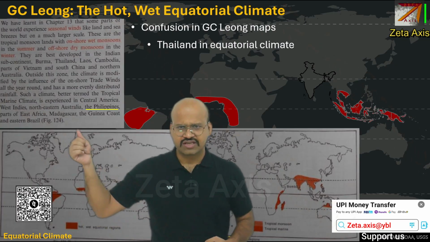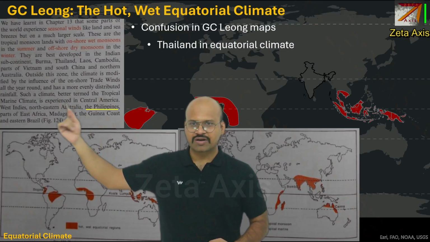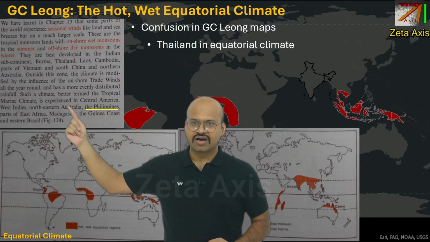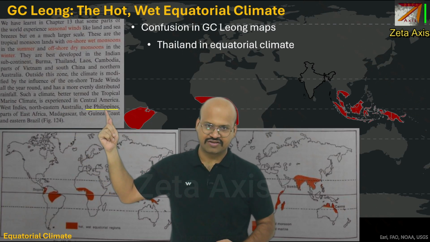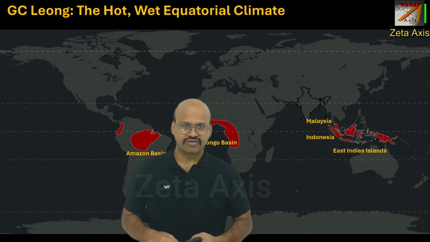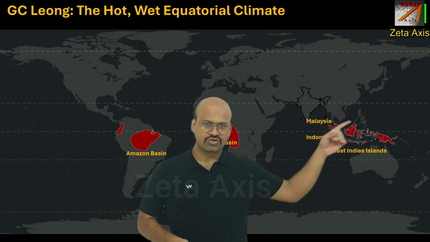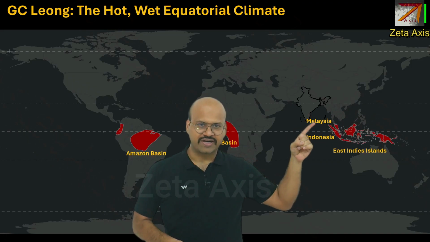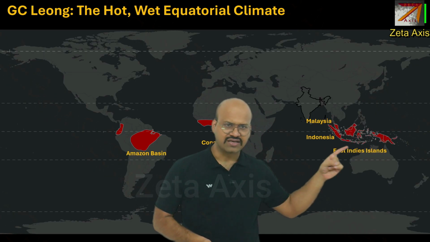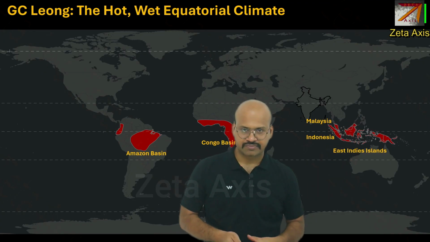And if we see the text of tropical marine, G.C. Leong mentions that the tropical marine climate is experienced in Central America, West Indies, Northeastern Australia, the Philippines. So that is why we have modified this region and we have excluded this part and the Philippines. So the equatorial climate is seen in Malaysia, Indonesia, Papua New Guinea and other islands in the East Indies except for the Philippines.